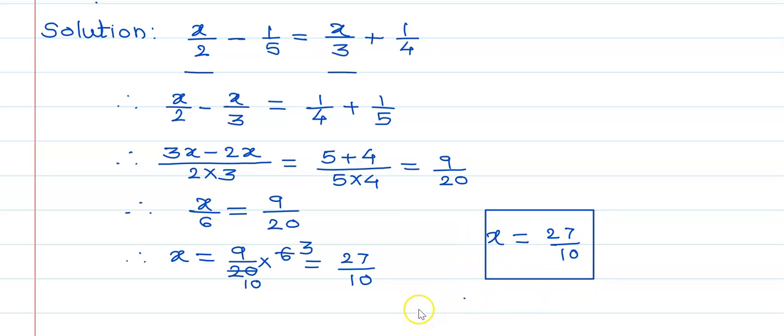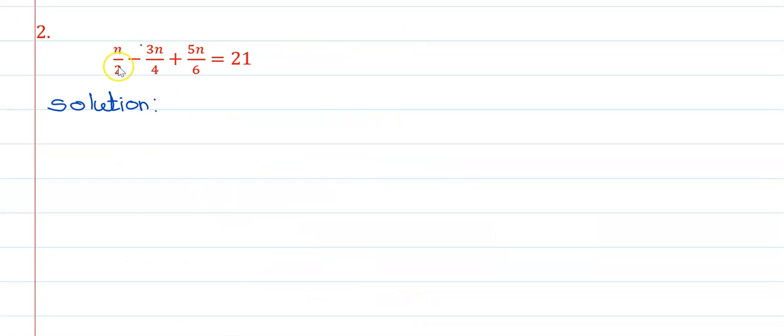Okay, see the next example. Now the next example is n/2 − 3n/4 + 5n/6 = 21.